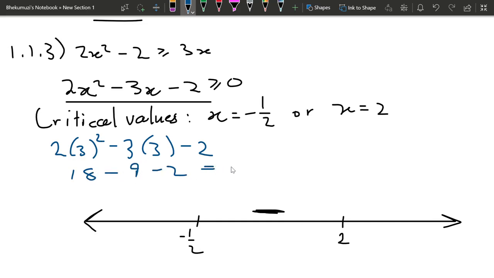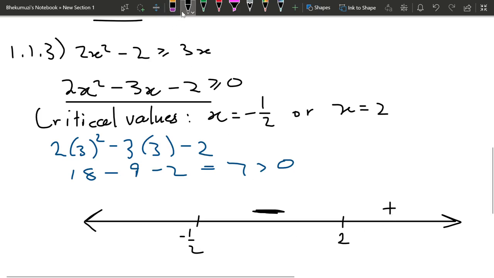That would give us 7, which is greater than 0. Hence, any number that is bigger than 2 would give us a positive number, right?